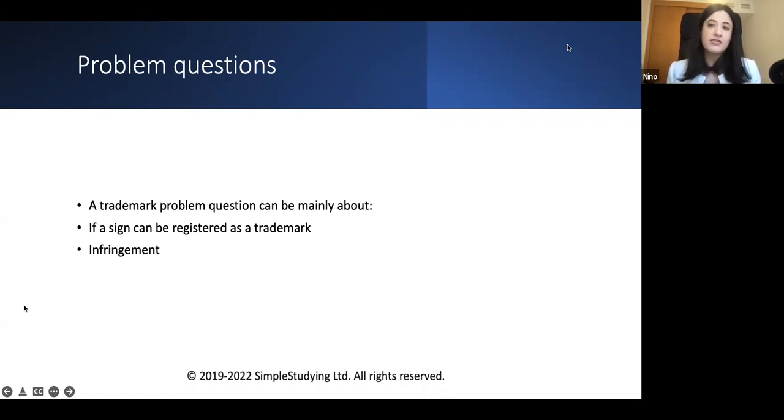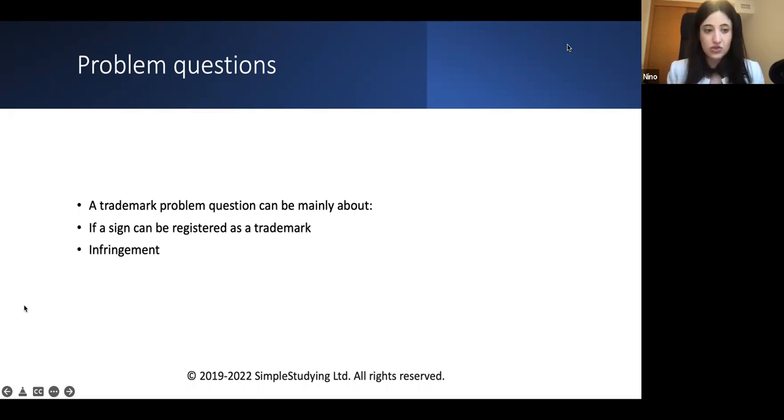So in what kind of cases do you think that the court would say that, yes, this should be a trademark, and in what kind of cases the court would say that it shouldn't be a trademark? And obviously absolute and relative grounds of refusal should be discussed here in detail to give the examiner a full overview of the relevant laws and show that you understand the grounds on which a trademark registration can be refused.